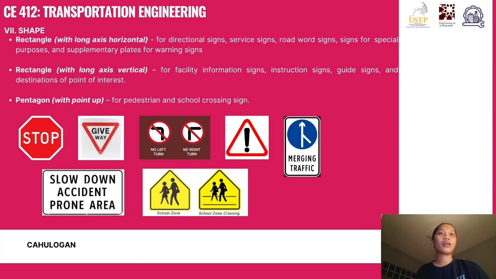And then a rectangle with its axis vertical, with the merging traffic sign. And then we have another rectangle with long axis horizontal, which states slow down, accident prone area. And then lastly, we have the pentagon with point up, which is for the pedestrian and school crossing sign.